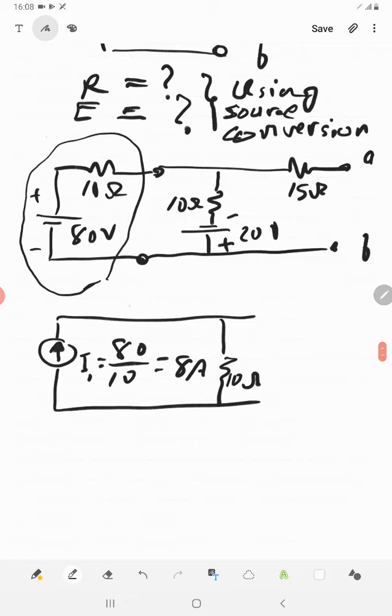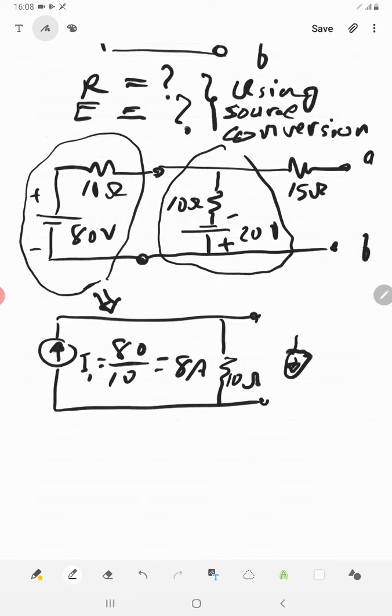So that's the circuit. And the other circuit here, it's the same. Let's say this is I2. You see the direction of I2: this source is minus plus, so this is the direction of the current source. And you have the 10 ohms here, and you have I2 here.